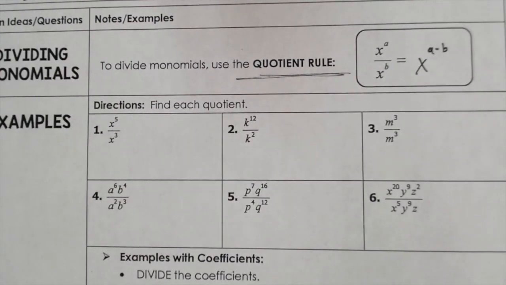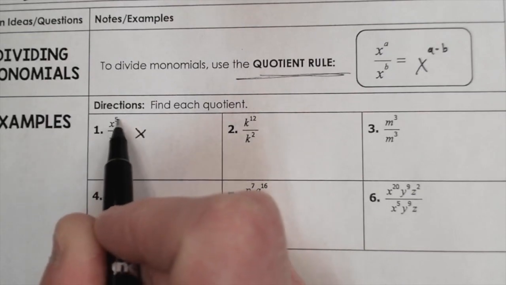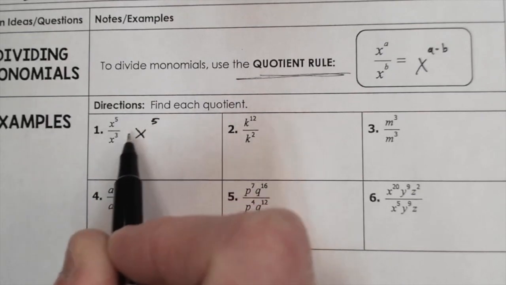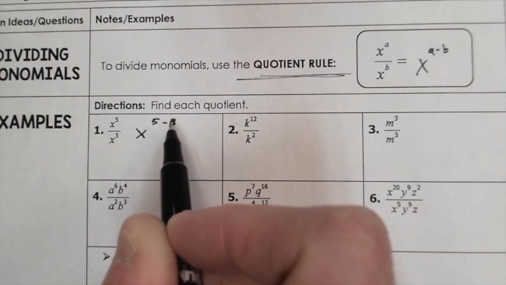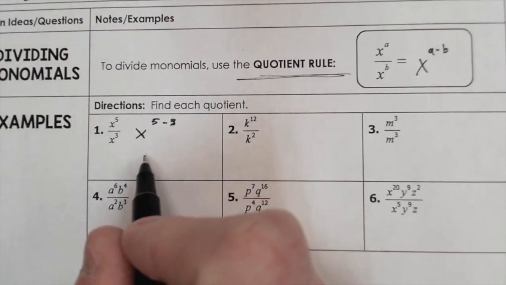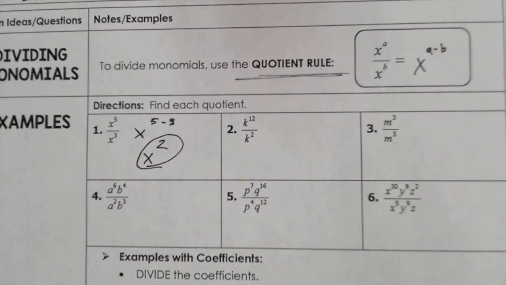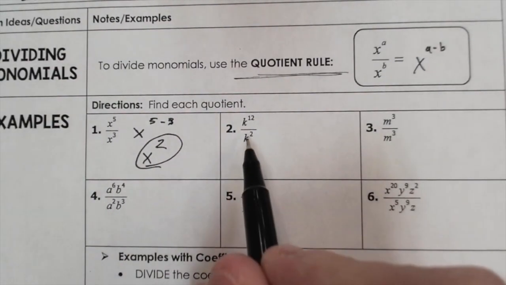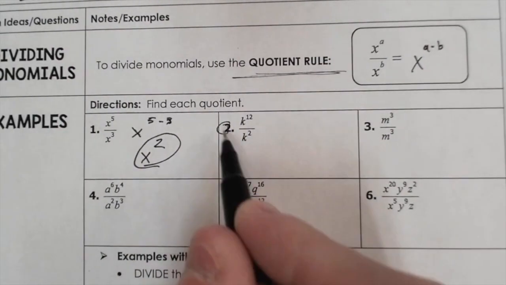Number one, it's going to be x to the a, so in place of a we have 5, and in place of b we have a 3. So it's x to the 5 minus 3 up there, which is x squared. Number 2. Go ahead and try number 2.